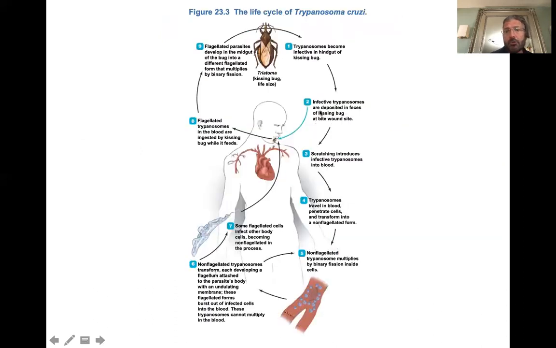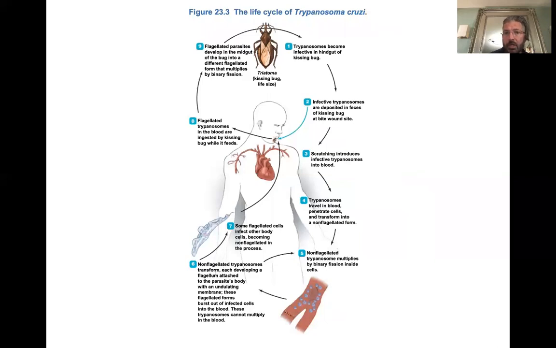So you just go through this. It's just telling you trypomastigotes become infective in the hindgut of the kissing bug, all right, and they're deposited in their feces. So then scratching introduces it from the GI tract into your wound. These travel to the blood, penetrate cells, and transform into a non-flagellated form.